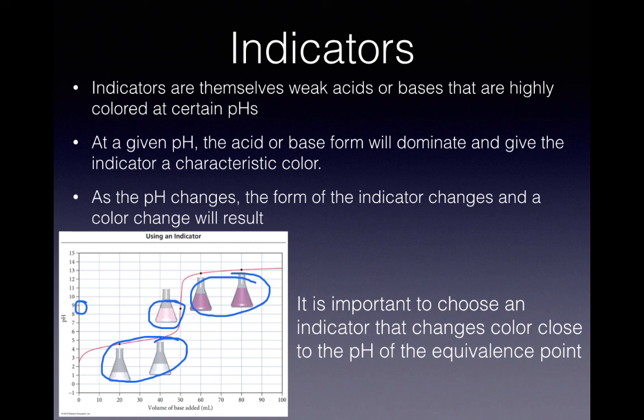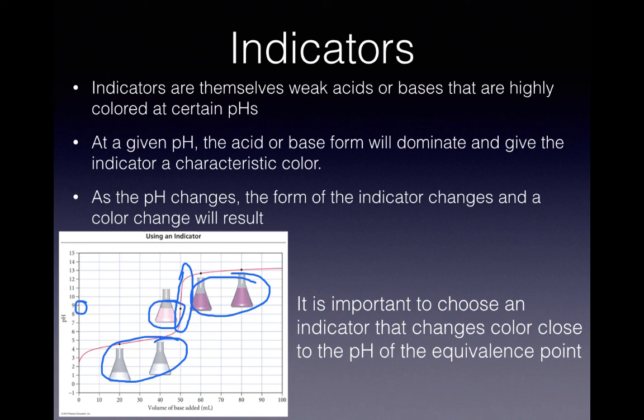However, you'll notice because of this rapid rise in the titration curve, that there's a very small volume change that takes place in this region in here. And so there may be just a small amount of error introduced into the volume, but it's so small that we don't really worry about it.